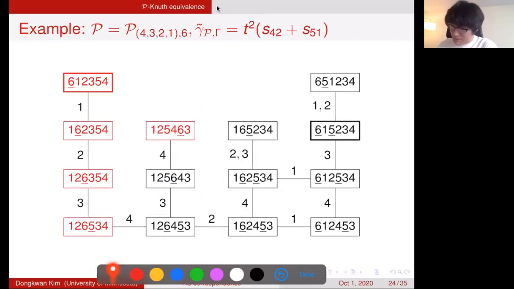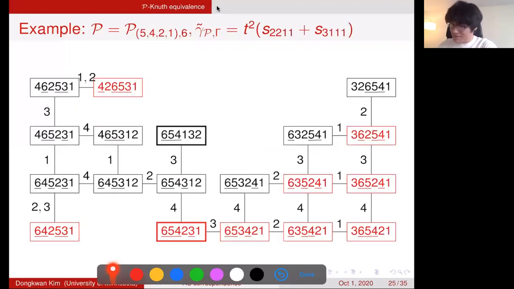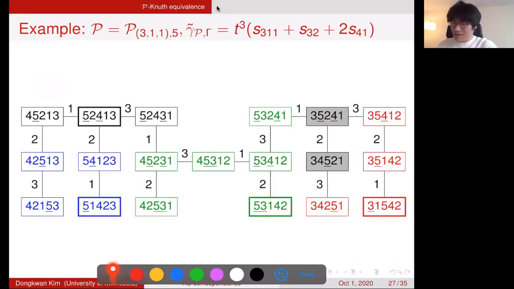And here, the problem appears when you have this poset where you have 1, 2, 3, 4, 5, and then 1, 3, 5, 4. I think this is this poset. In this case, it is still a sum of Schur functions.